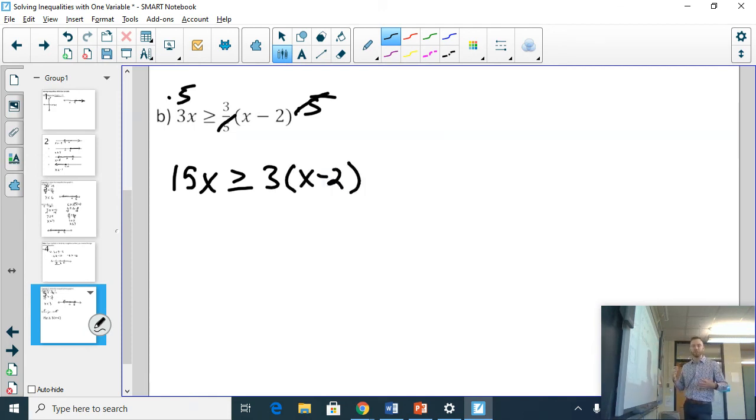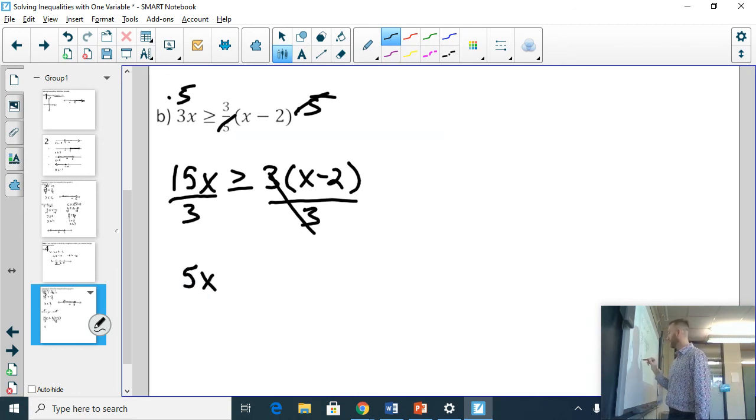And again, remember I showed you the different ways to do this problem. I'm going to divide by 3 right away because I think that'll reduce our steps. 15 divided by 3 is going to be 5, and then the x is left over. And then we have greater than or equal to x minus 2.